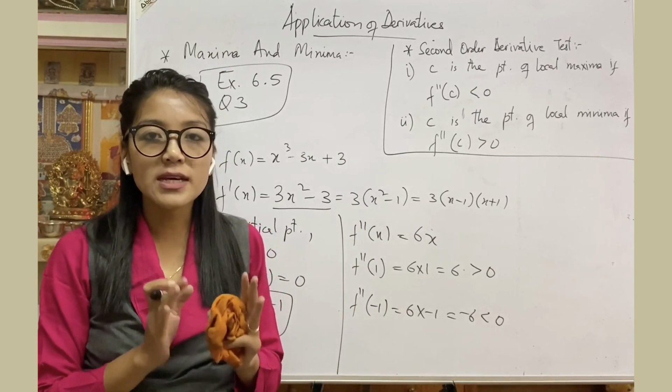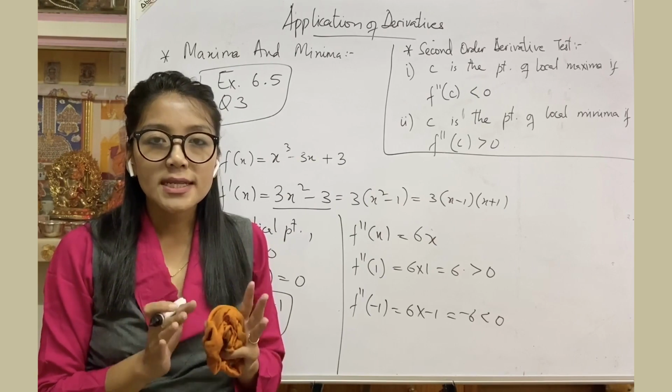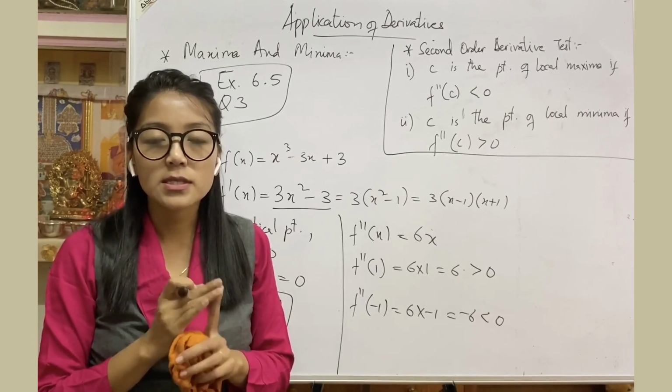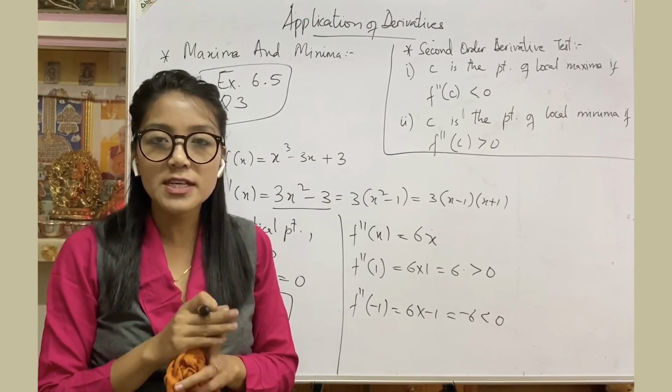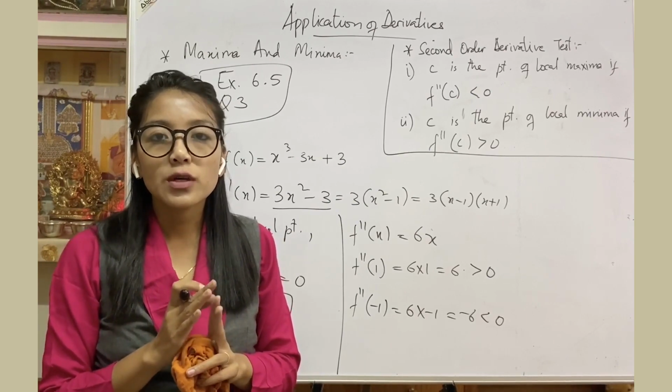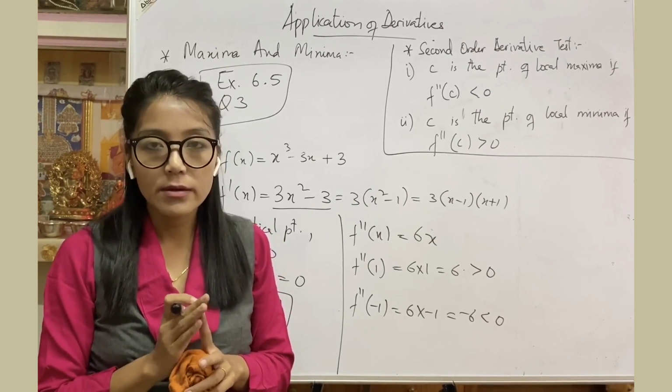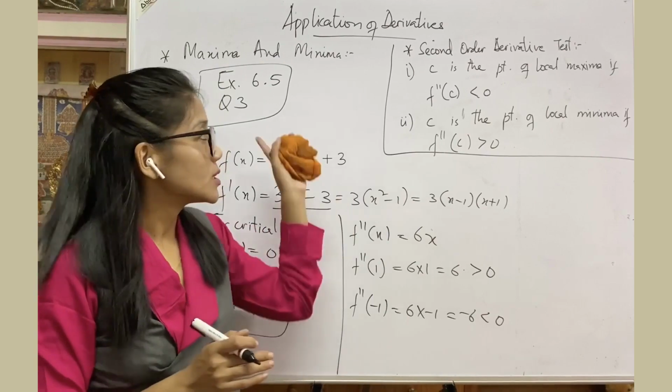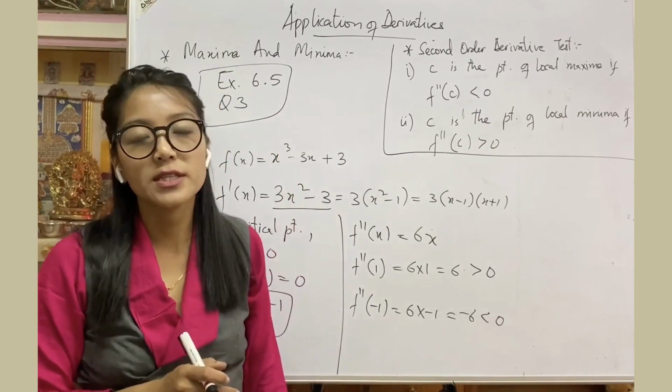For the time being you should only study the first derivative test and second derivative test to find the point of local maxima and local minima. Okay, thank you. So this question you have to do, question number 3. Thank you.